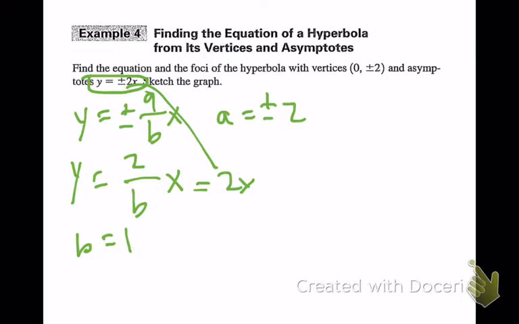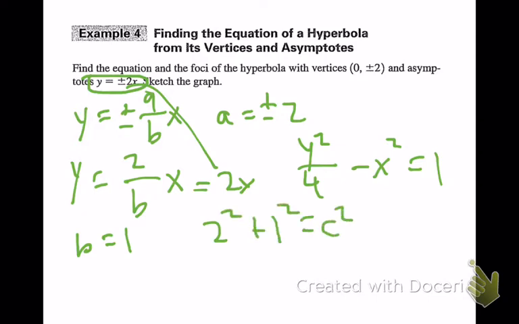So then we do our equation. Since it's a vertical hyperbola, it's going to be y squared over 4 minus x squared. We determined that b is 1, so it's x squared over 1, or just x squared, equals 1. And then we have to determine the foci. So a squared plus b squared equals c squared. So that's 4 plus 1 equals c squared.